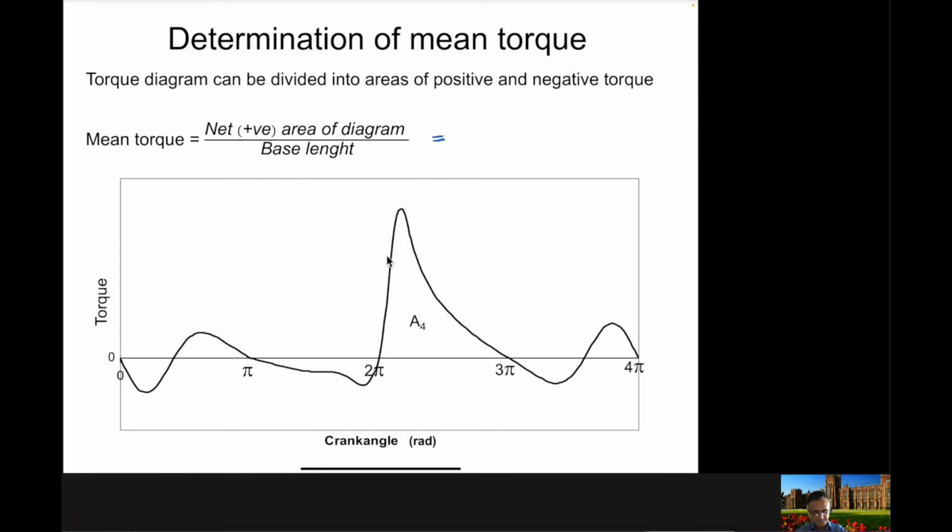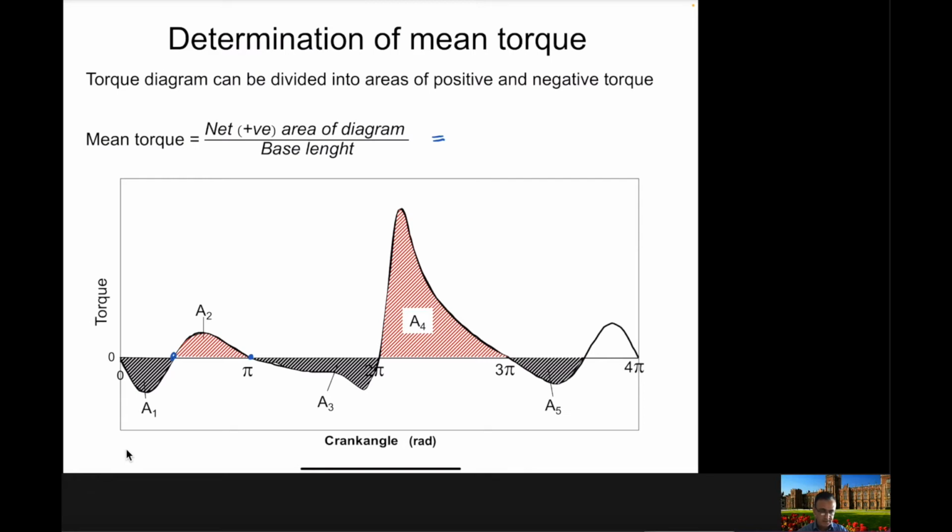The first area, A1 in the black color, is the negative area. Then the area from this point to this point is a positive area, and then you have a negative area here, A3, and A4 is the positive area.